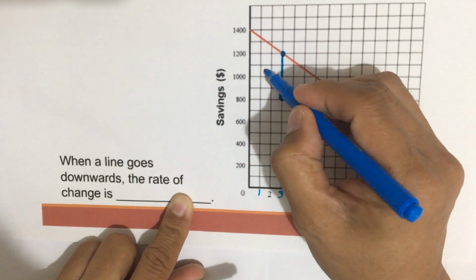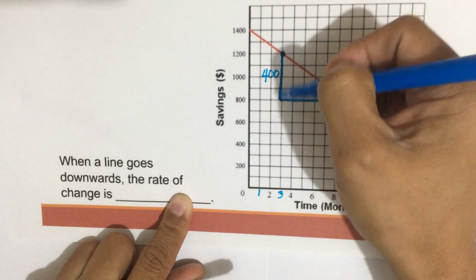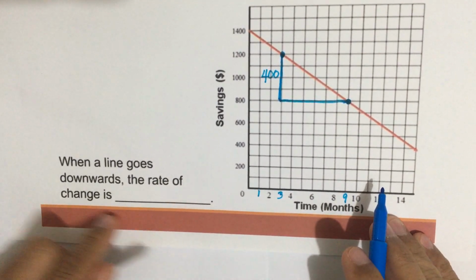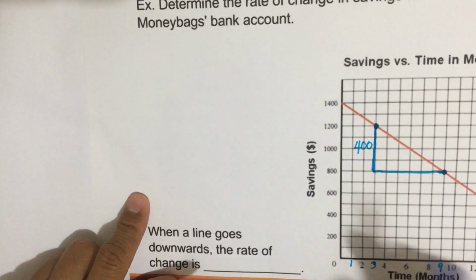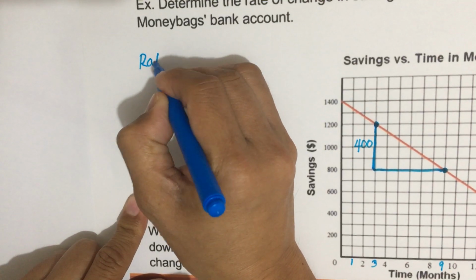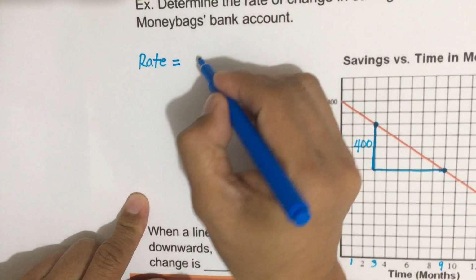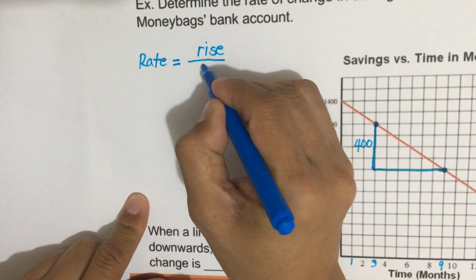So this corresponds to 400. Okay, our rise, which is decreasing, is equivalent to 400. But before that, let's write first our formula, that the rate of change, or simply rate, is equal to, from our formula, rise over run.